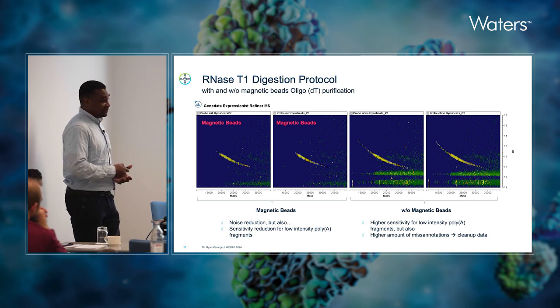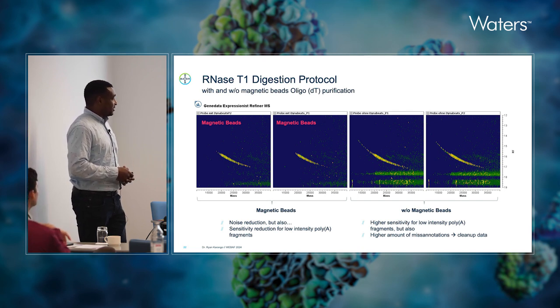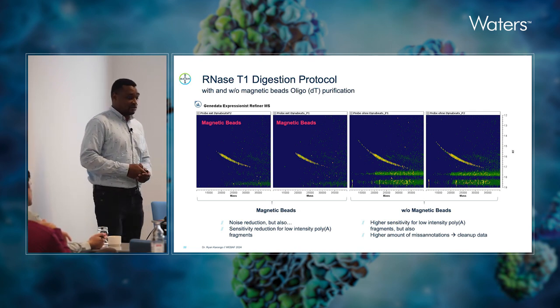However, we can see here we have low chemical noise in general. But when we don't use the magnetic bead purification, we can see chemical noise, but the poly-A distribution is detected better. And this chemical noise can then be removed during the data processing.